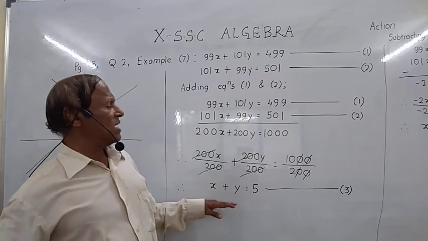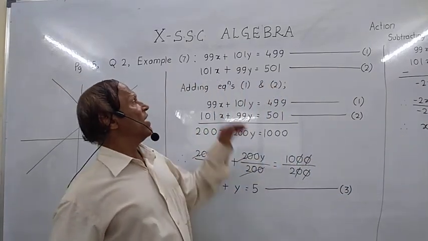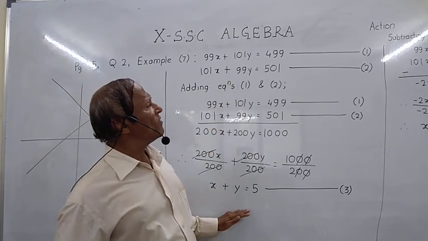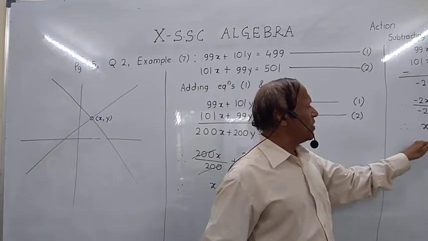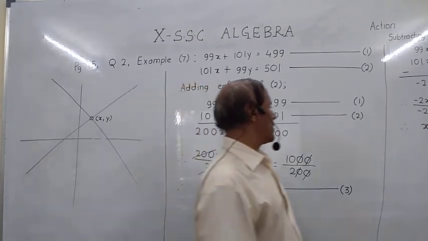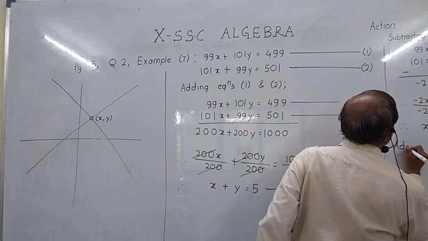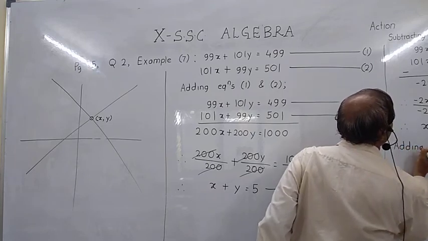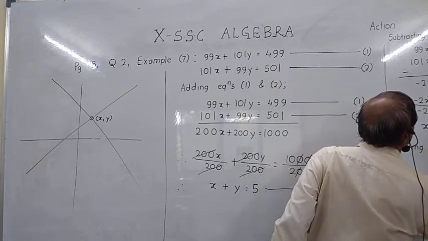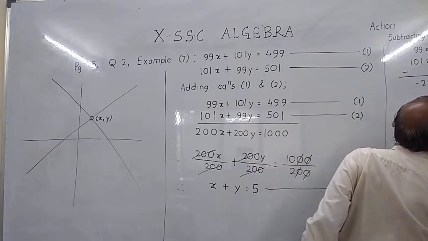Now, you have to concentrate on equation 3 and equation 4. We have covered step 1, we have covered step 2. Now in step 3 you are supposed to add them up. So adding equations 3 and 4.